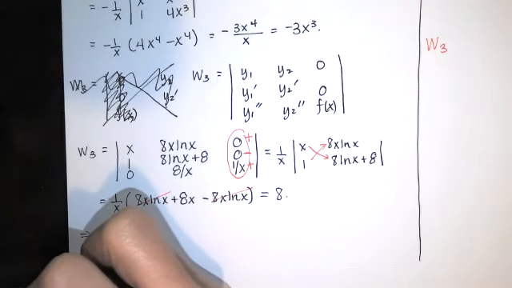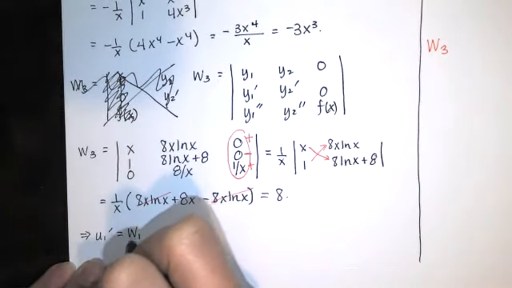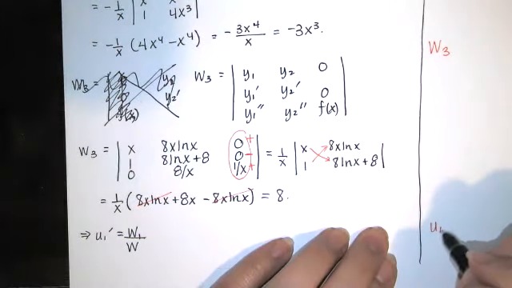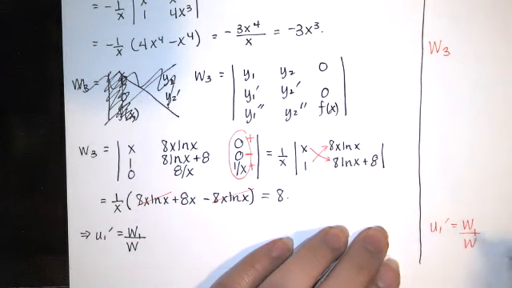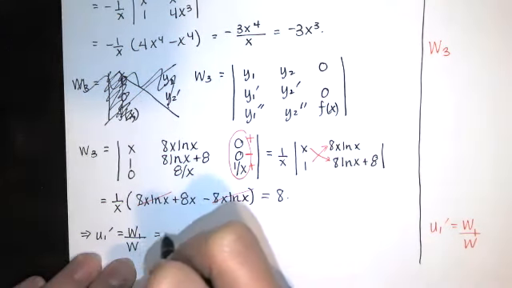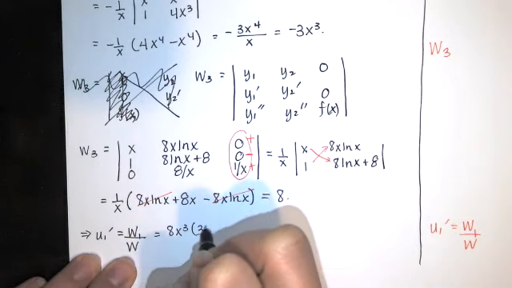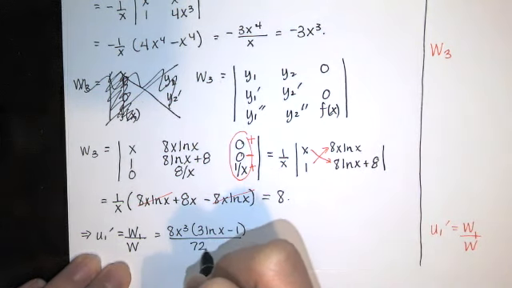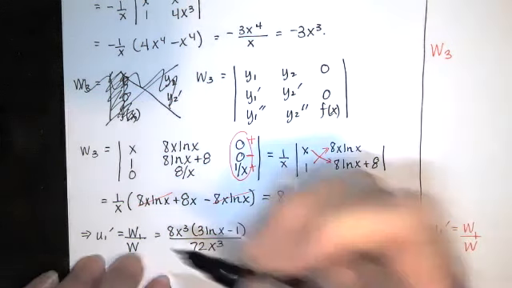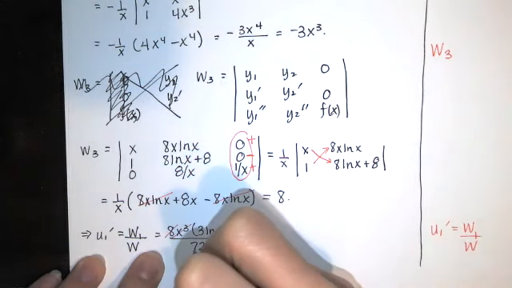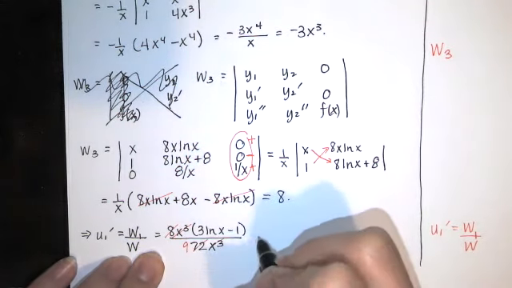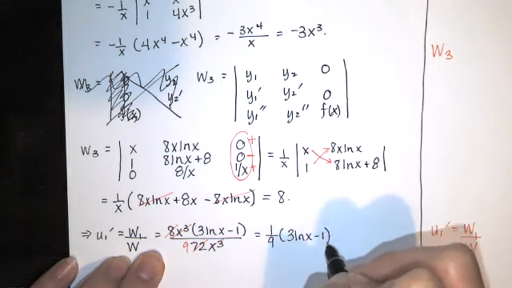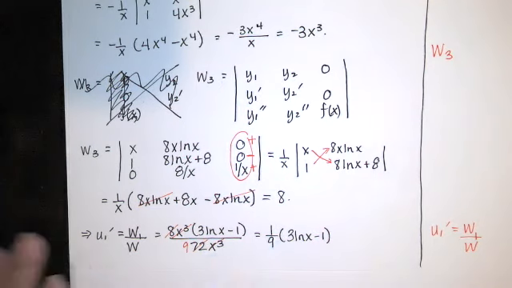So we have U1 prime is W1 divided by W. And W1 turned out to be 8x cubed times 3 natural log of x minus 1, all divided by W, which ended up being 72x cubed. The x cubes reduce, and 8 goes into 72 9 times. So we end up with 1/9 times 3 natural log of x minus 1. We need to anti-differentiate that to get U1.